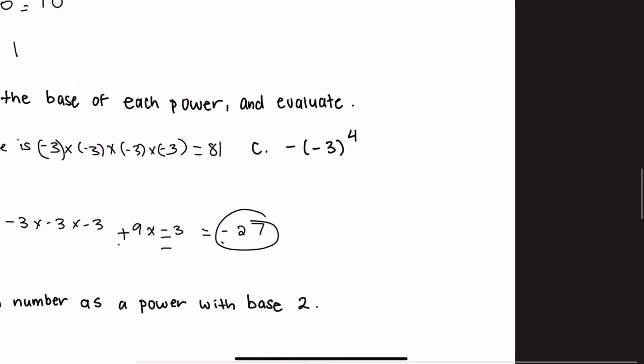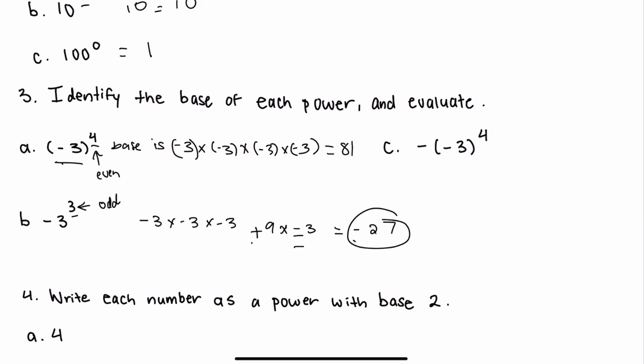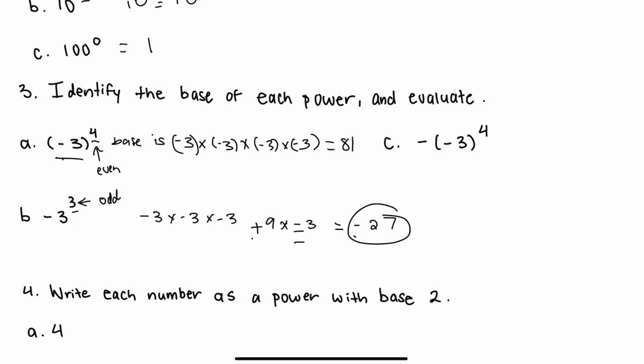So now we have C. Over here, it's just basically just like A. So we can do minus 3 times minus 3 times minus 3 times minus 3, right? Because our exponent here is 4, and we're multiplying minus 3 4 times.